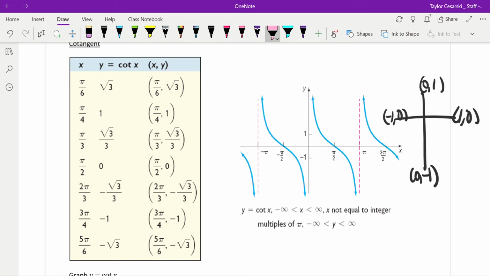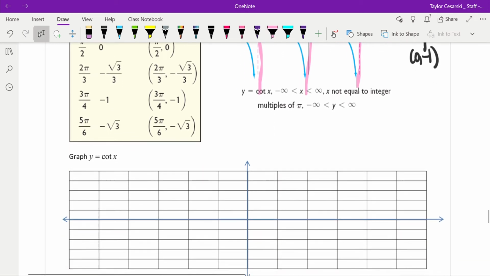So cotangent is undefined right at 0 and at pi, because it's cosine over sine. So you can see that your asymptotes now have shifted, and you have an asymptote at 0 and an asymptote at pi. So instead of being on the first and the third tick mark, it's going to be on, you can think about it, I guess, the 0th and the second tick mark and the fourth tick mark.